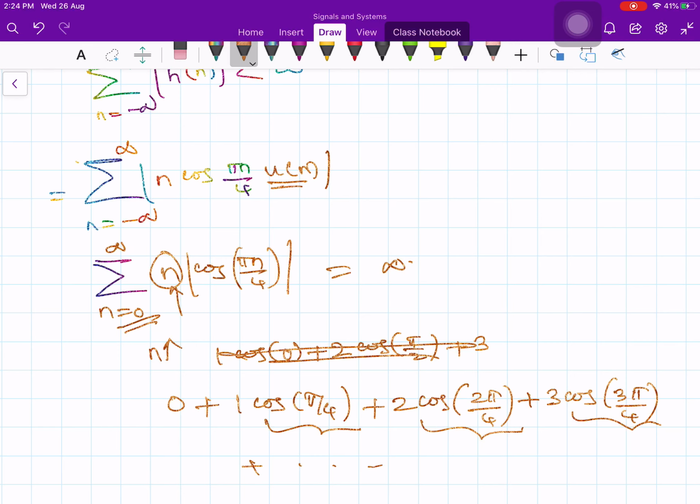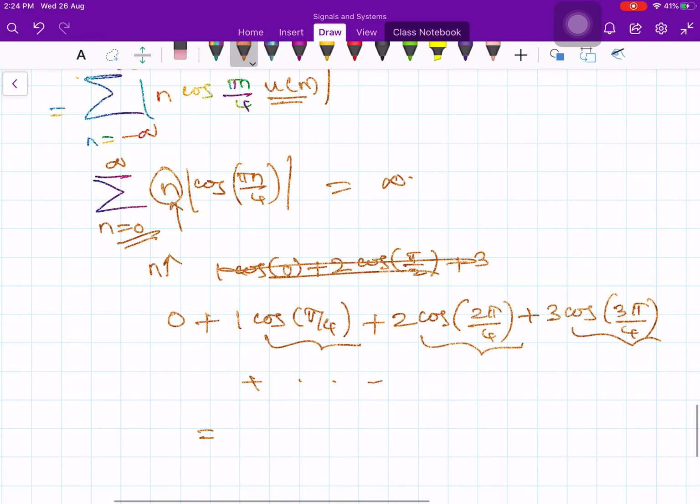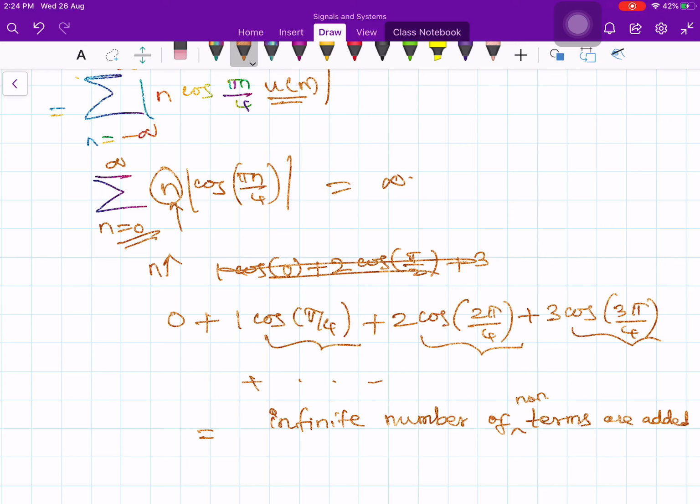So if you add all the terms, in the summation an infinite number of non-zero terms are added. So finally it shoots up to infinity. Therefore the end result is going to be infinity.